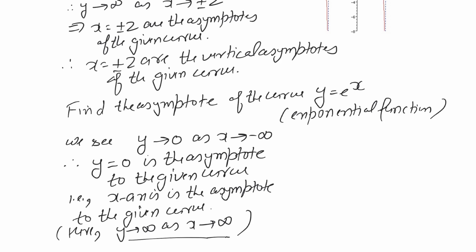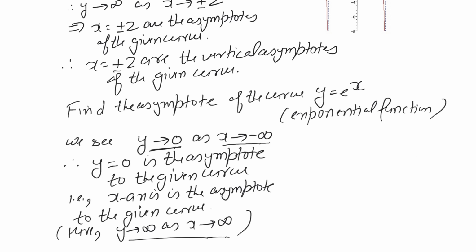In this case, x was approaching to infinity and y was approaching to 0. Therefore, y is equal to 0 is the asymptote to the given curve. Because in this case, y has become 0 when x is equal to minus infinity. So length of the asymptote has become infinite and the curve has come closer to x-axis.